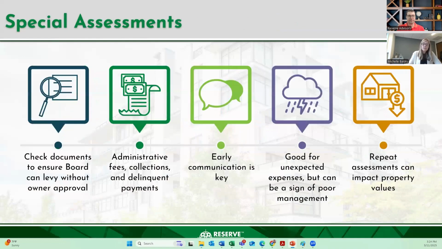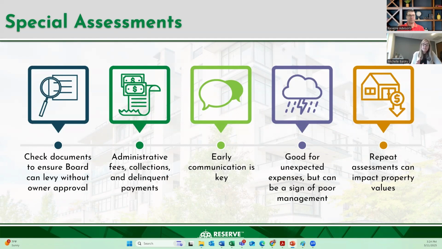So let's talk about each of those, starting with special assessments. What do we do if we need to conduct a special assessment? First and foremost, check your documents, right? Ensure that the board can levy an assessment without owner approval. And I think this goes without saying, make sure you're working very closely with management and your association attorney to ensure that you're in compliance with those documents.